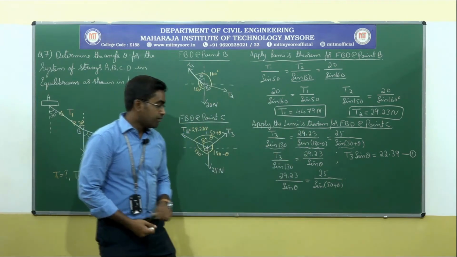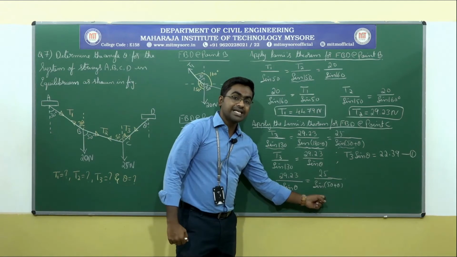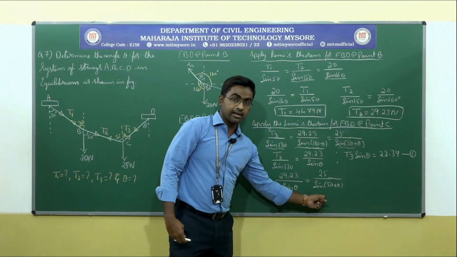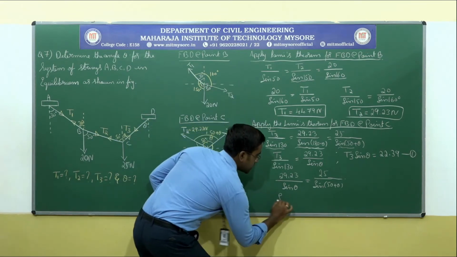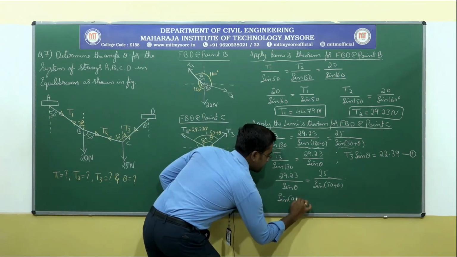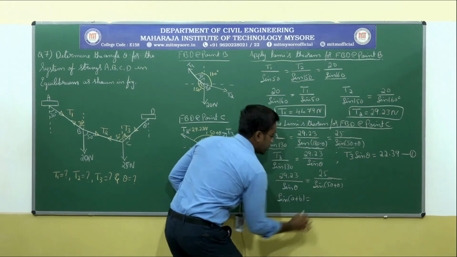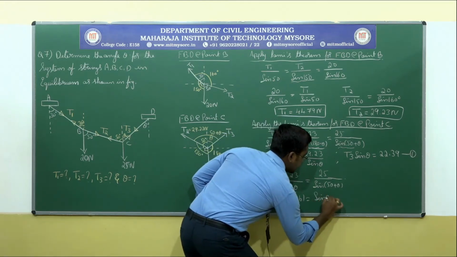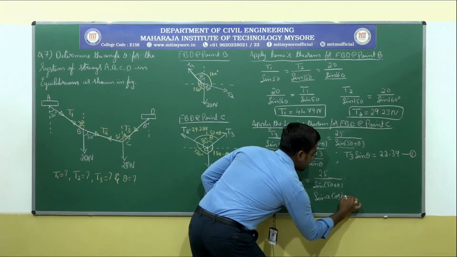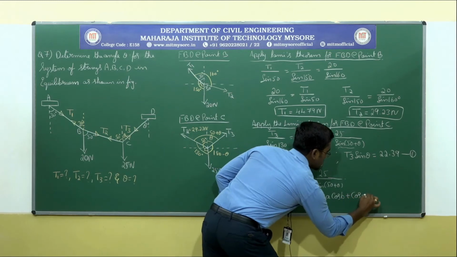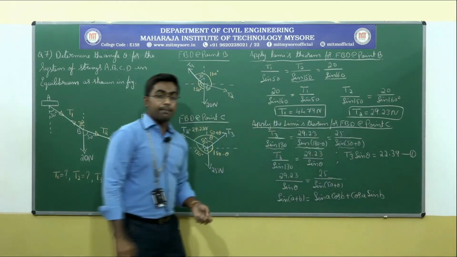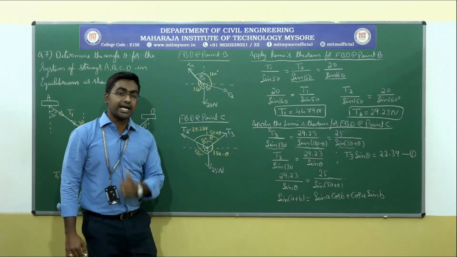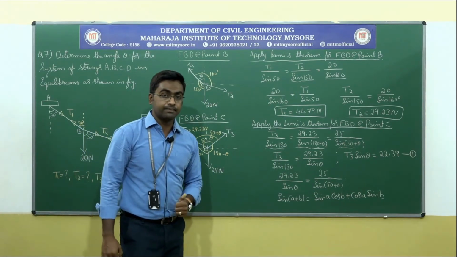Now let me apply the formula for this, that is sine A plus B, right? So sine A plus B will be equal to sine A cos B plus cos A into sine B. So let me apply the formula, so easily I can find out the value of theta, right?